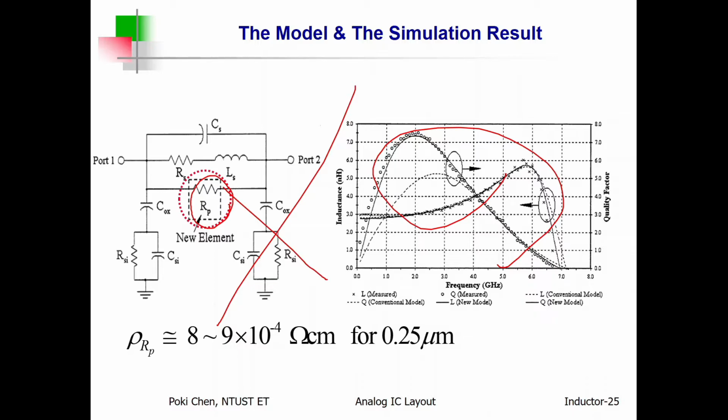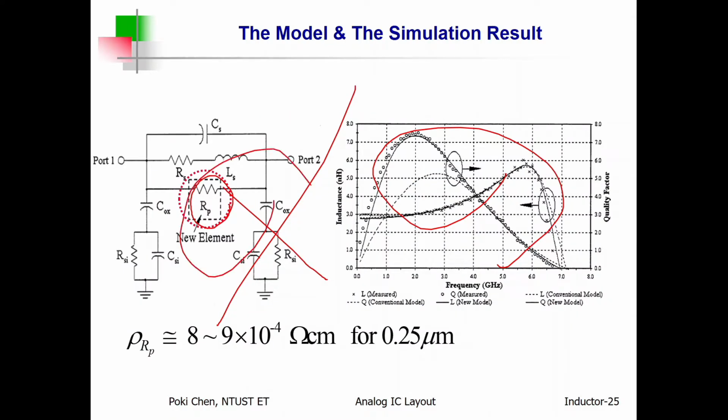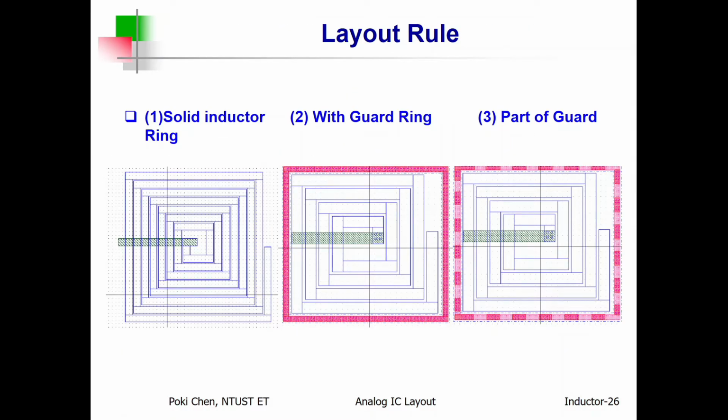Maybe you can find even better new papers to get an even more accurate model for your inductor. That is what you can do, but not for me, okay? Again, I'm a circuit designer, and I also didn't pay any attention to RF circuit design, so forget about it. If you do RF circuit design, maybe you need to pay attention to this, okay?